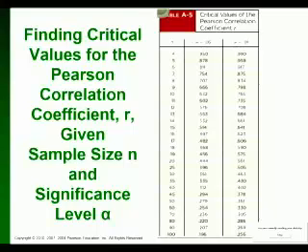But just like Z-scores, a Z of +2 and a Z of -2, both of them are the same distance from the mean. Both of them have the same area to either end. Here, this critical value of positive 0.811, there's also a critical value of negative 0.811.